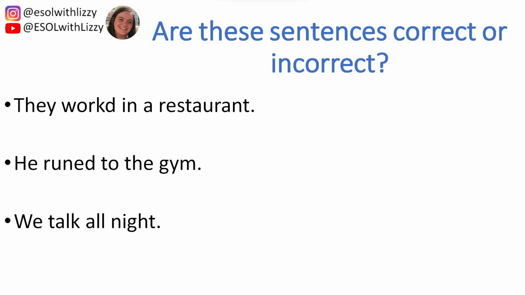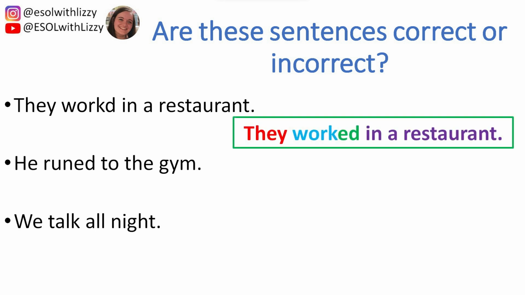Is the simple past tense in this sentence correct or incorrect? Whilst this sentence might sound correct, the spelling is incorrect. Work is a regular simple past tense verb, so we need to add ed, not just d.